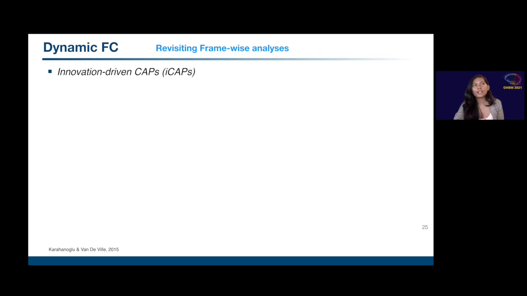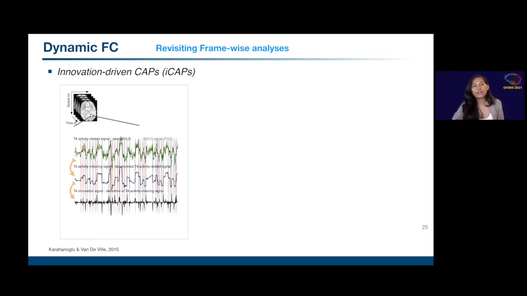Innovation is obtained by first deconvolving and denoising the BOLD signal in order to obtain a block-type activation. Then the derivative is taken of these denoised and deconvolved signals to obtain the time points that detect transient brain activity. These are moments of activity change in the BOLD signal. As you can see here, these black time points are known as the innovation signals.